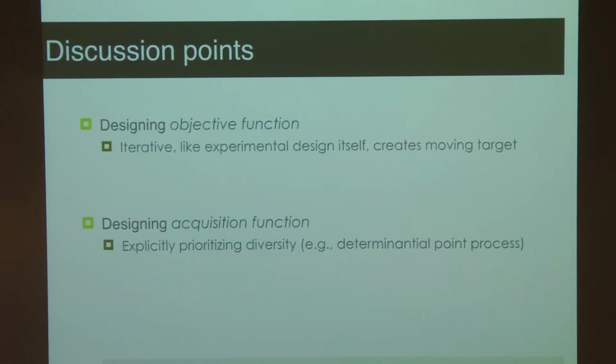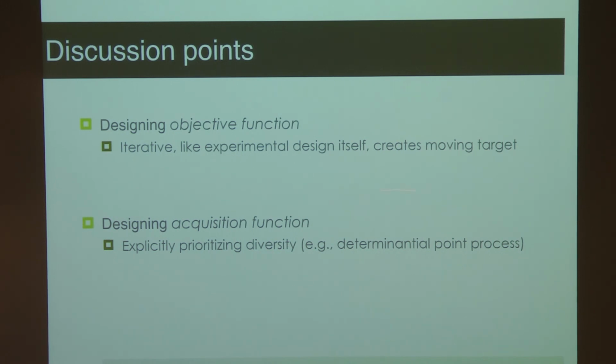So some of the discussion points I want to ask of the audience is, first of all, how would we design an objective function? I should say there's a bunch of us in this room that are already thinking about and talking about specific types of objective functions for a particular system. We're thinking about immune cells right now. I think one key point about this is there's a moving target here because as new experiments come up, as new technologies arise, as new methodologies come up, we're going to have to start thinking about how to incorporate those.